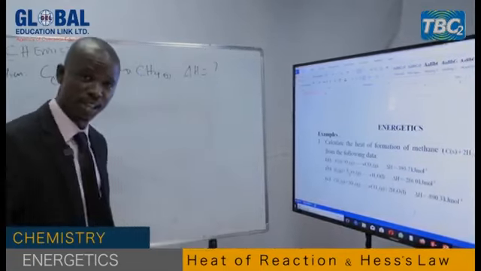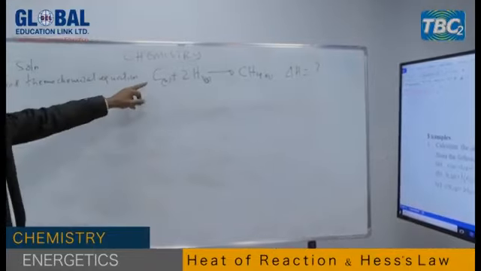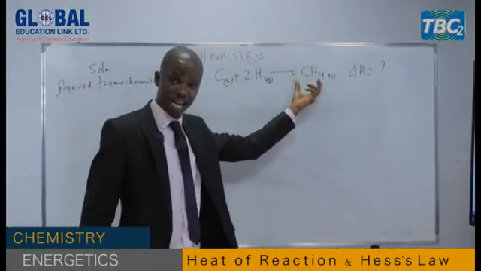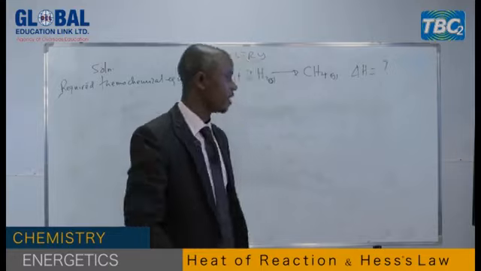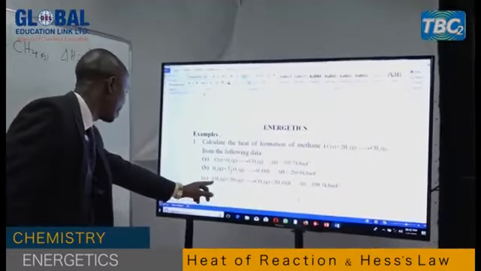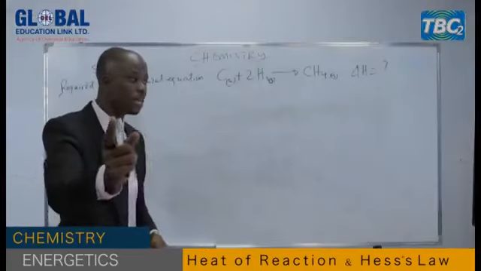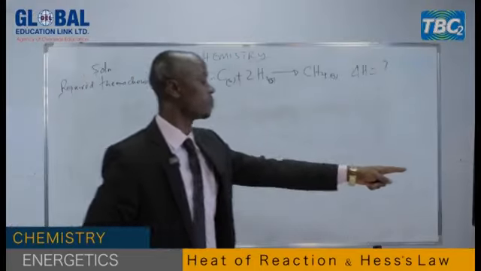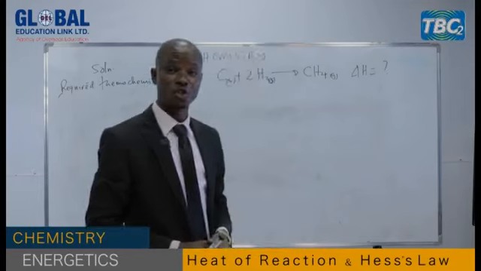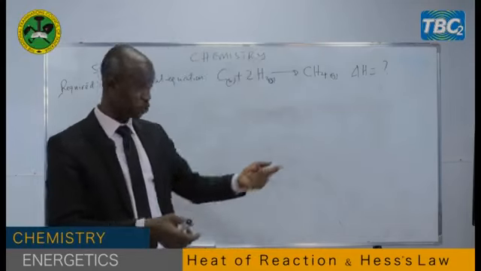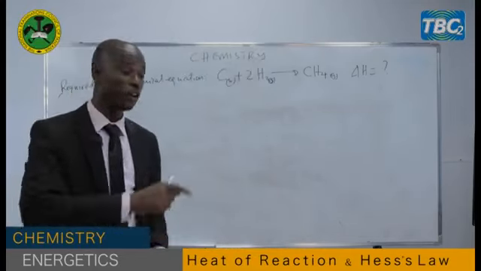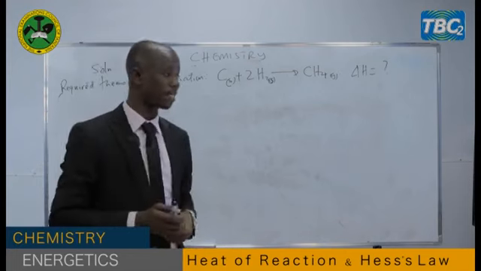But my dear student, in the required equation, methane is a product. But in the given equation, methane is a reactant. What are you going to do? That means we have to change that methane to be on the product side. So we have to reverse equation C in order to make it to be on the product side.